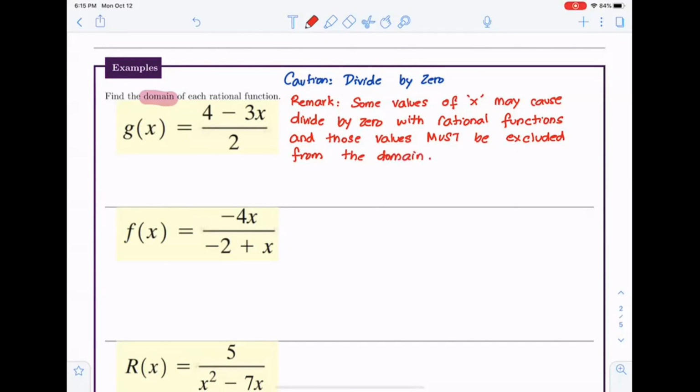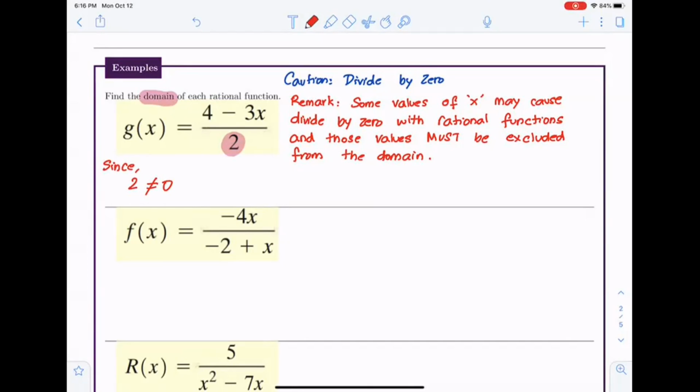And those values must be excluded from the domain of the function. So here we have g of x is equal to 4 minus 3x divided by 2. The only way we would get divide by 0 is if the denominator is 0. But what we have here in g of x is 2, and we know 2 never equals 0.